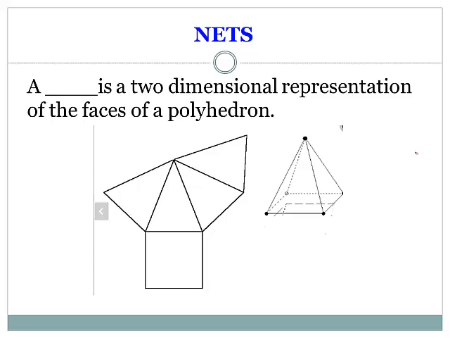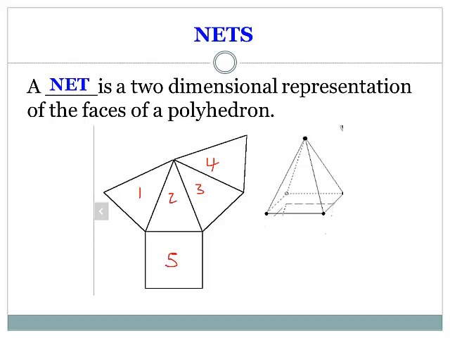Talking about surface area, one really good visual analogy is something called a net. A net is a two-dimensional representation of the faces of a polyhedron. If I took a polyhedron and laid it out on a two-dimensional surface, we have our lateral faces here, 1, 2, 3, 4, and then we have a base here.